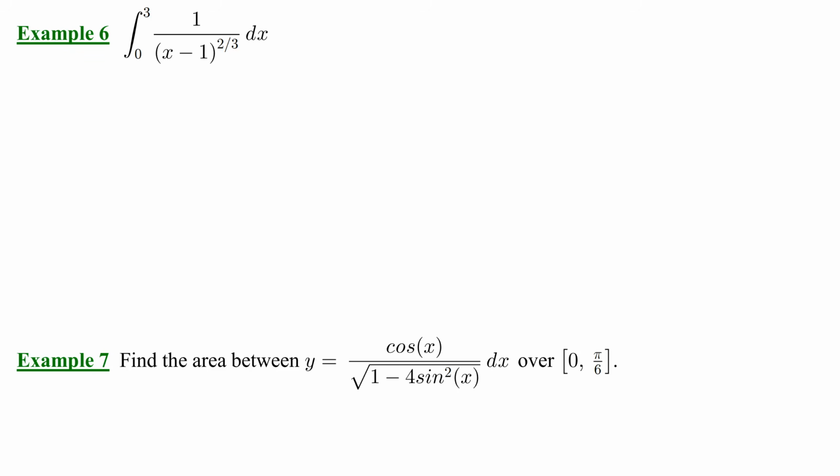So let's give this a try on a couple of examples. Notice that the integral from 0 to 3 of 1 over (x minus 1) raised to the 2/3 power dx, it looks like an ordinary integral. It doesn't catch my eye as being improper.